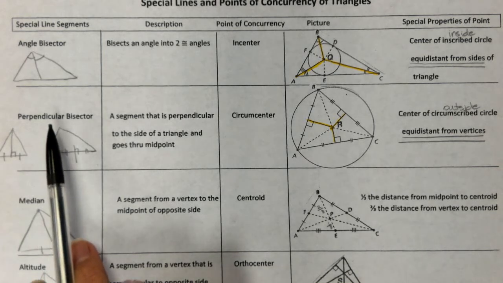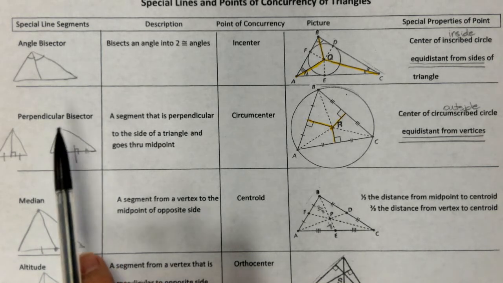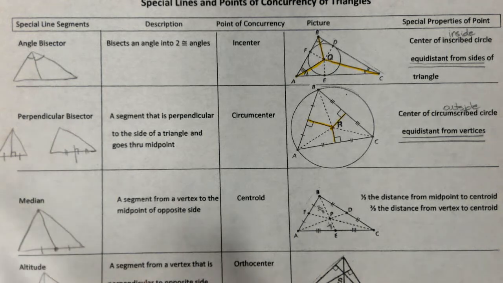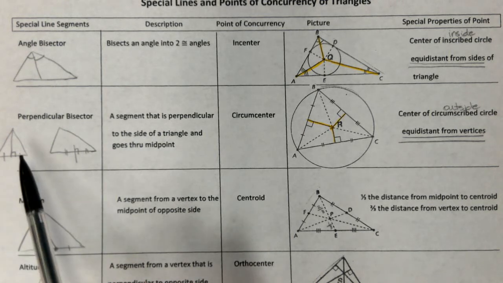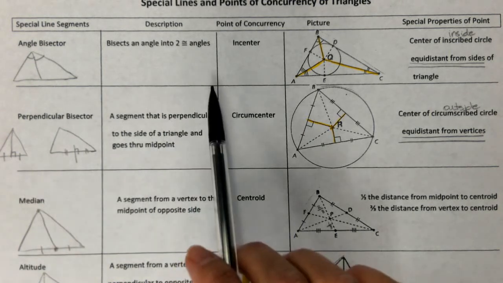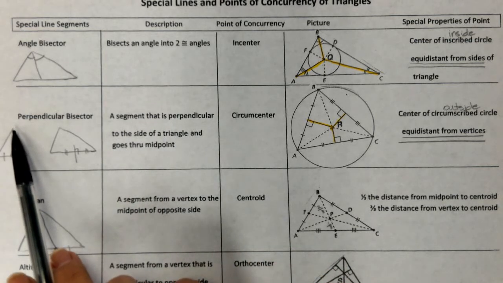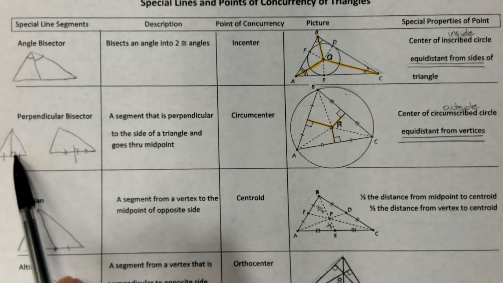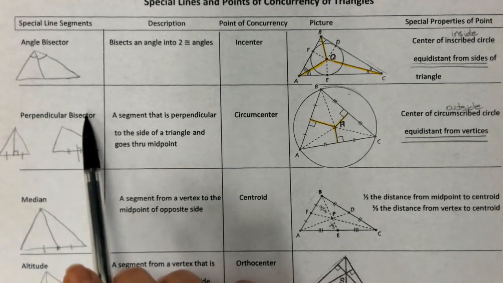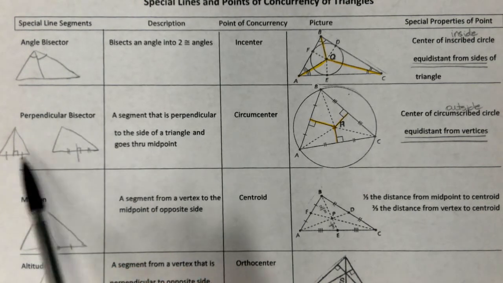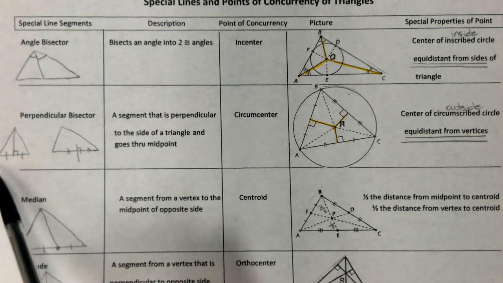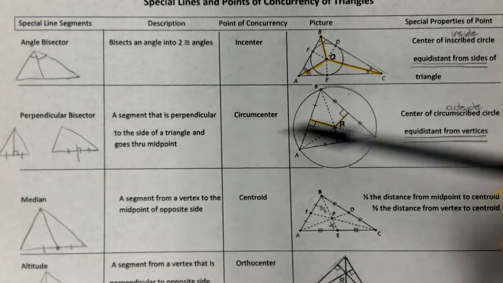Perpendicular bisector, we've talked about this one, but we've talked about it more in just one triangle than with a point of concurrency. So we know perpendicular means it's going to be from the vertex to the opposite side, forming a 90-degree angle, and it's going to bisect or cut the side of the triangle into two congruent pieces.